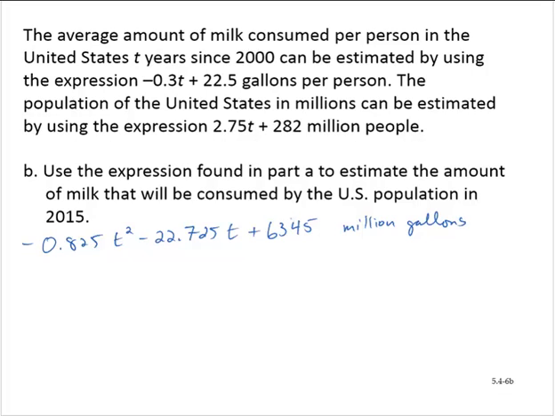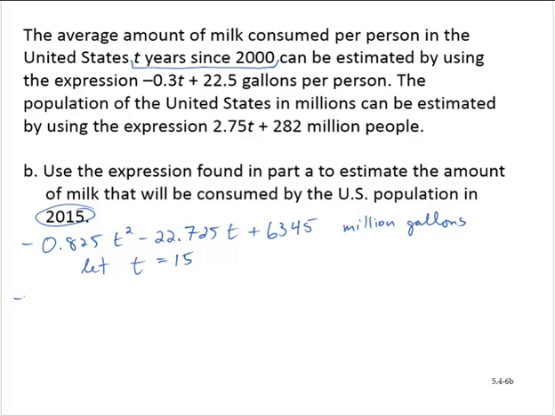Now, we want to find the amount of milk that will be consumed by the U.S. population in 2015. And back in the statement, the T was the number of years since 2000, so we will let T equal 15.